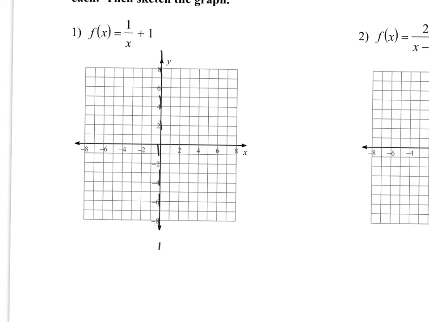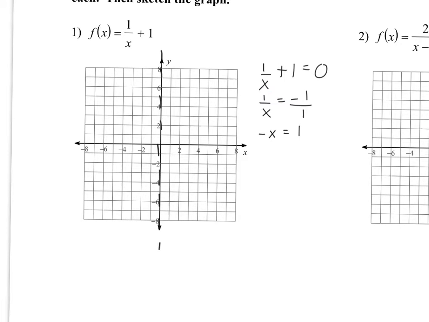So what we're doing now is x-intercepts. So for x-intercepts, we're going to take the function and set it equal to 0. So 1 over x plus 1 equals 0. 1 over x equals negative 1. And why don't we cross multiply here? Think of it like that. So we're going to put negative x equals 1. That's me just going like this and that. Okay.